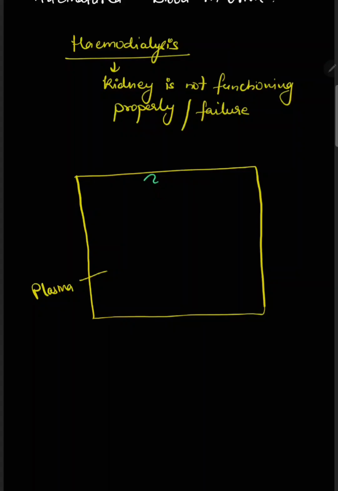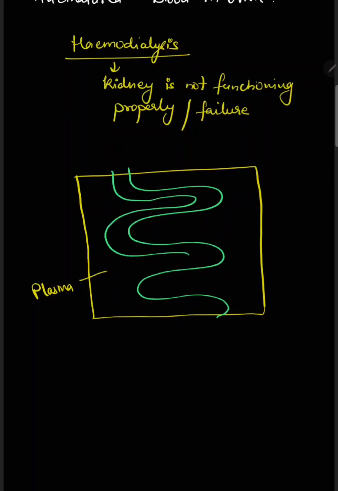There is a cellophane tube through which the blood passes. Okay, from the patient's artery, the blood is taken into this cellophane tube, and the blood and the plasma constituents are exactly the same, except this fluid does not have any urea, but here urea is present.